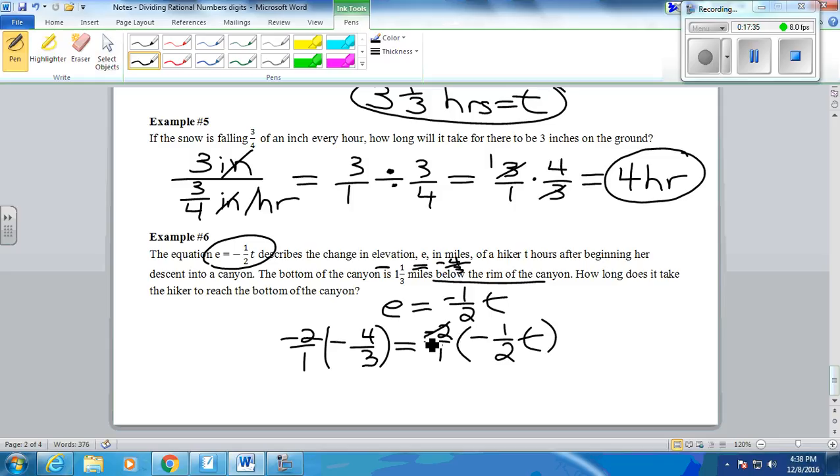The -2 divided by 2 cancels out, and the 1 times 1 cancels out. Because I use the negative, negative times negative just leaves me with a positive t. Then over here, I can't do any cross-canceling. I have a negative times a negative, so again, that gives me +8, and 1 times 3 gives me 3. So then again, I'll have 2 2/3 hours.